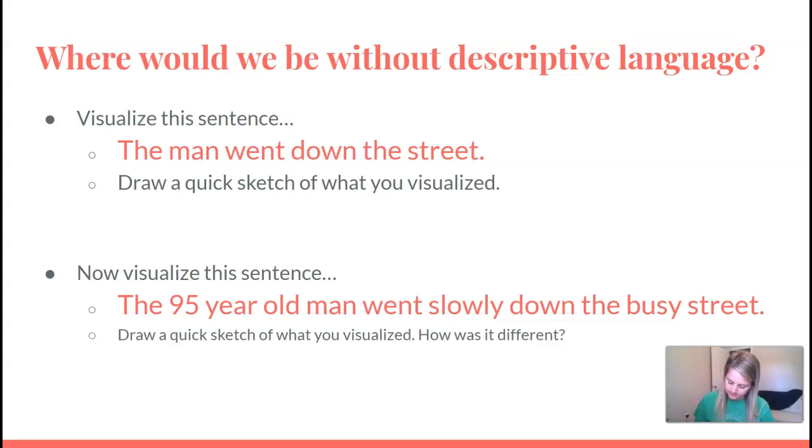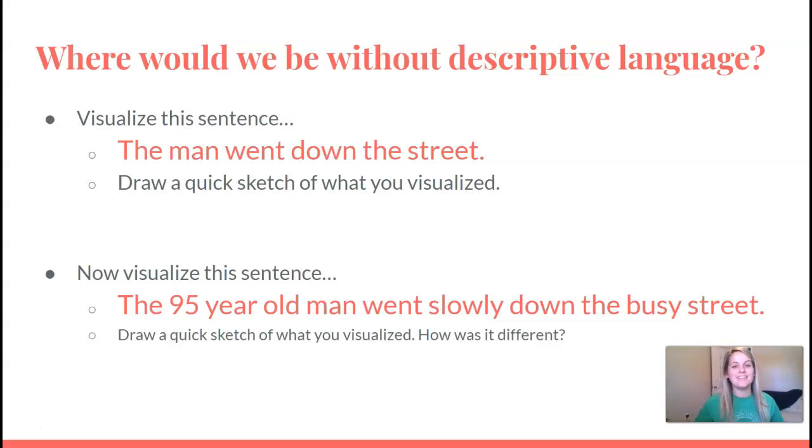I wish I could draw the details better. All right. So now with the 95-year-old man went slowly down the busy street, I have cars because I'm visualizing a busy street. I drew a little cane in his hand and I gave him a little hunchback.